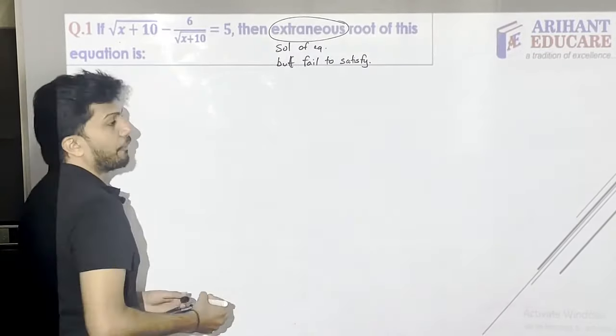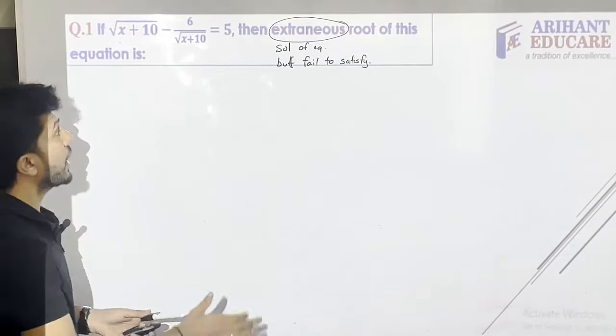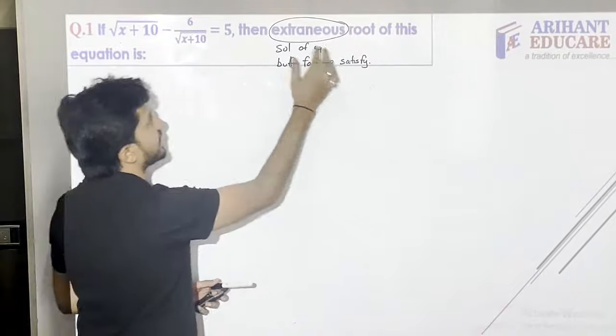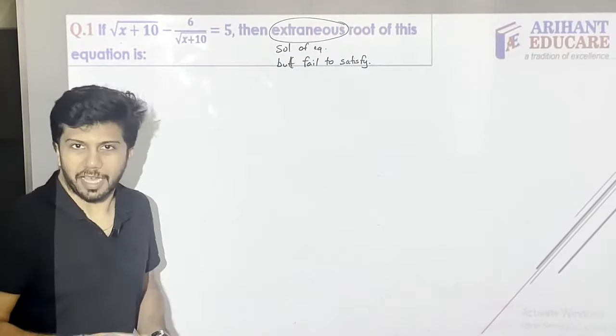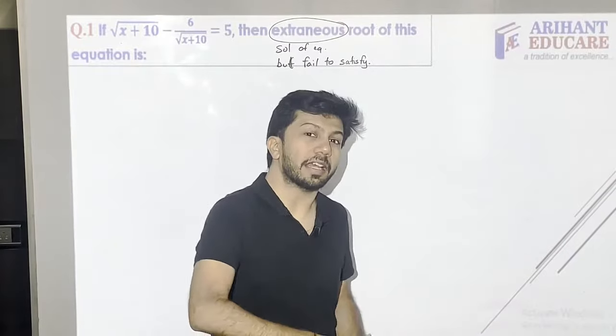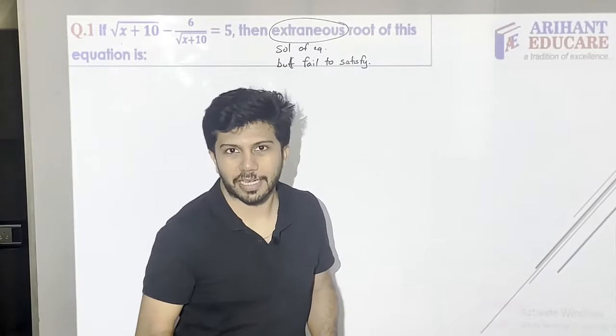So now we will be finding some roots which are solutions of the given equation but will not satisfy the given equation. हाँ ऐसा होता है ना, मैथ्स में ये भी होता है. How? Why? I'll explain that post solving the sum so that you get some gist out of it.